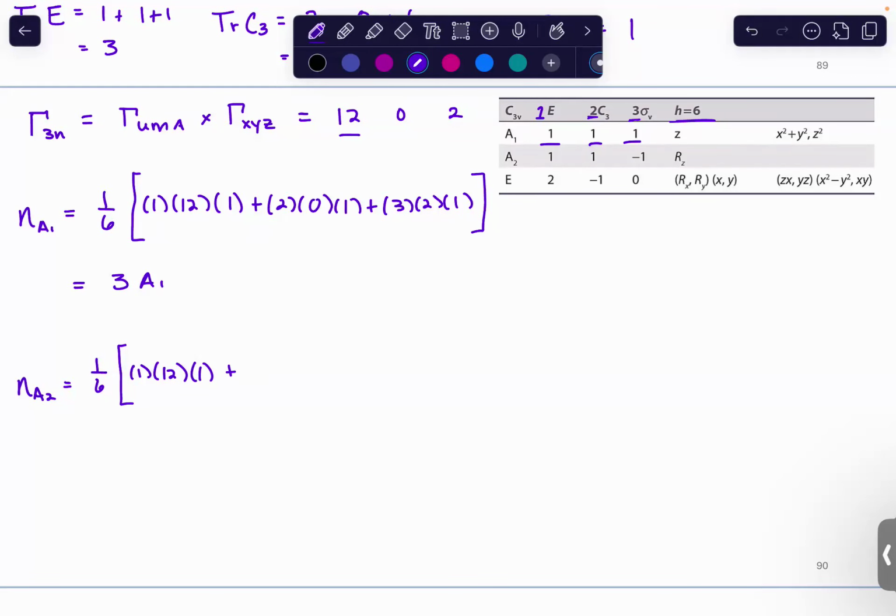Let's see. 2 in front of C3, 0 from gamma 3N, and then 1 from the character from A2, plus 3 in front of sigma V, 2 from gamma 3N, and a -1 from the character table. This gives us 1 A2.